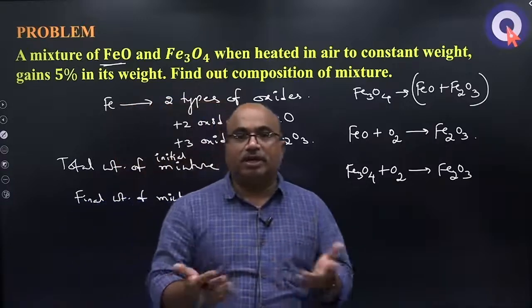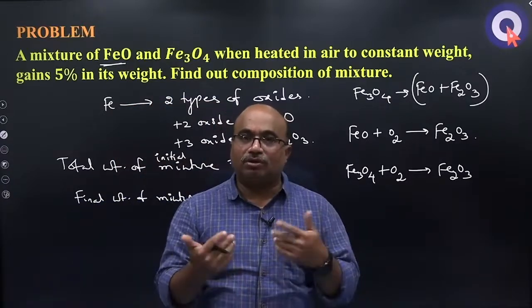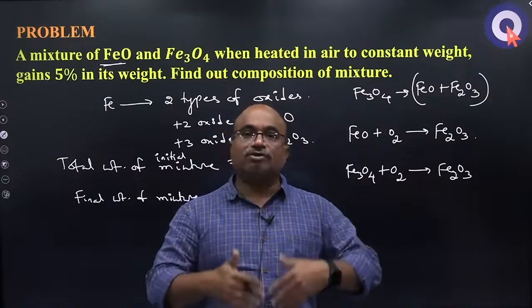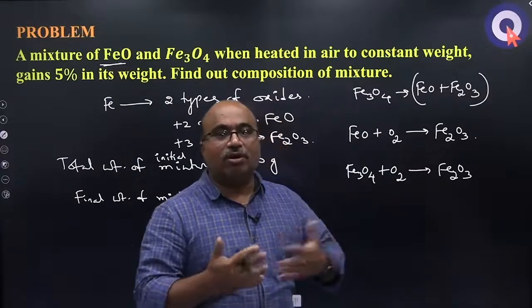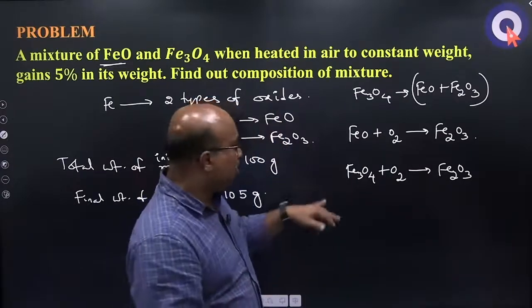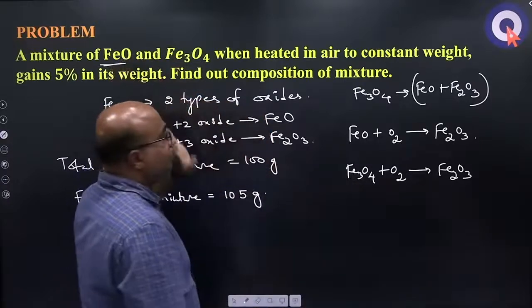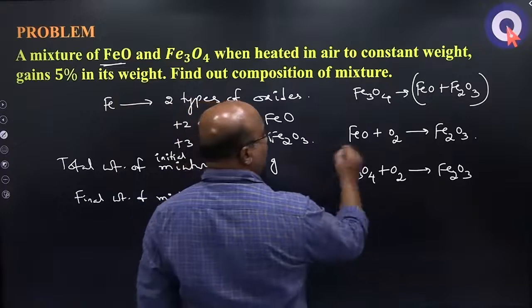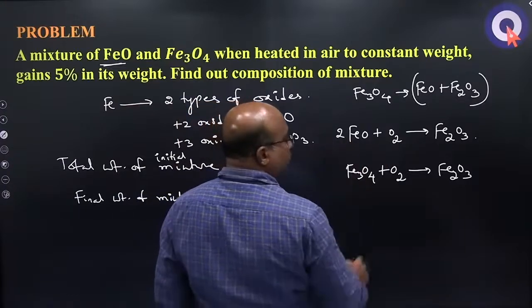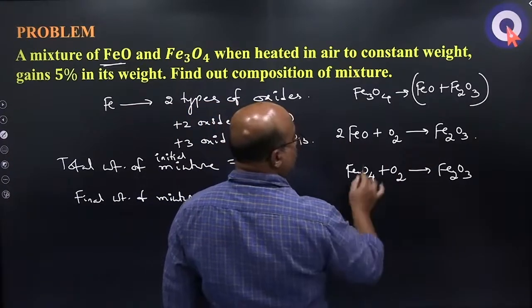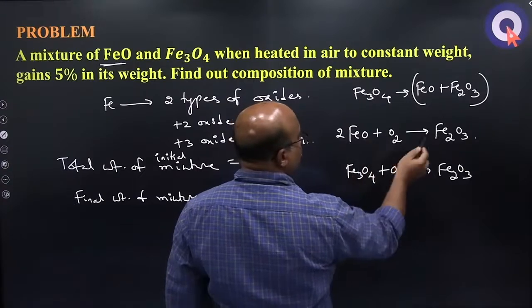Fe3O4 may be taken as a mixture of FeO and Fe2O3, which is also converting, but I don't know in what ratio they exist. So let us use a direct approach. These are the two components that exist. Balancing this: 2 FeO gives Fe2O3, and the oxygen is half.